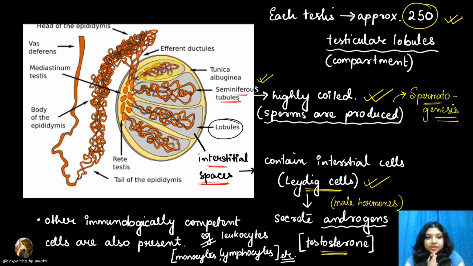And what else is there? Other than this, several other immunologically competent cells are also present, right? What do we understand by immunologically competent cells?